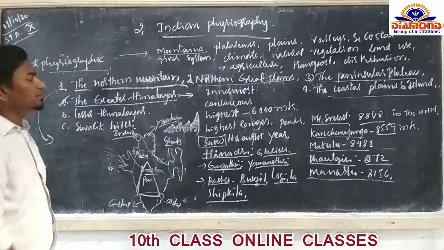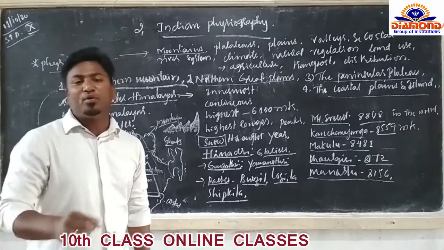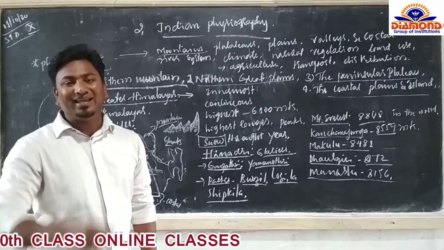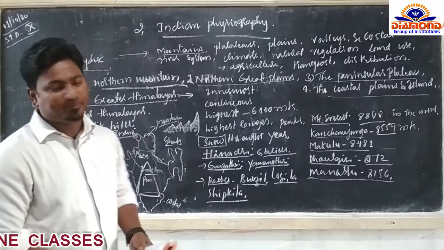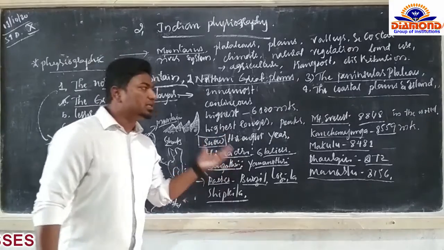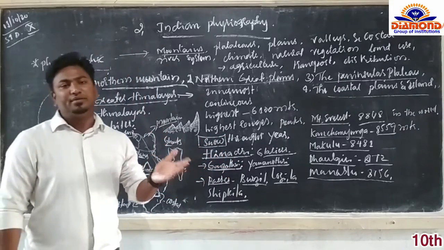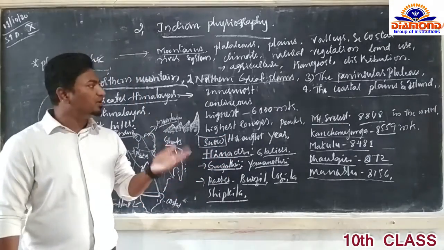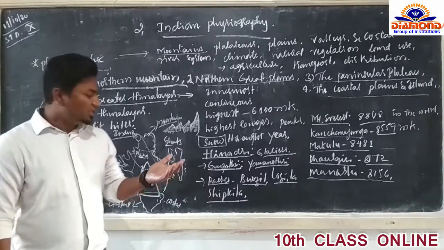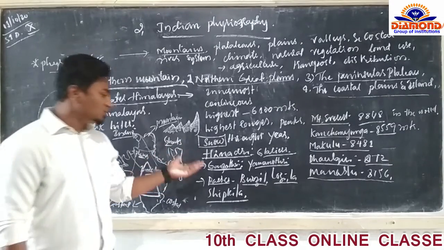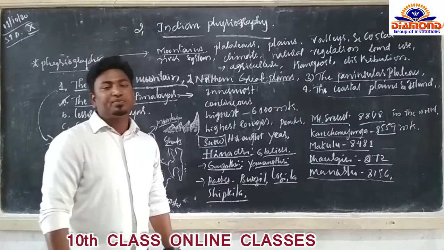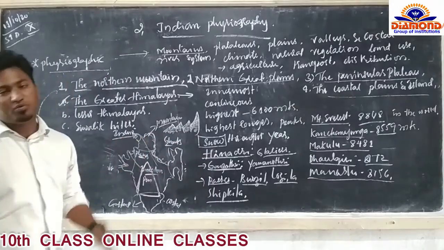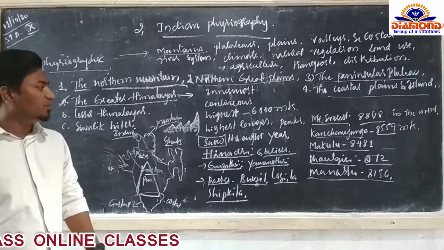The Greater Himalaya is a very important part of India, the glory of India, because it forms a beautiful nature, with snow, blooming flowers, and the appearance of big, high mountain ranges.